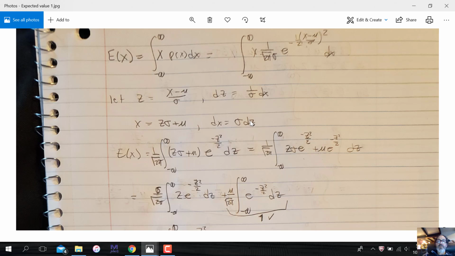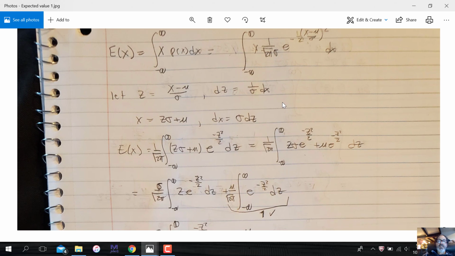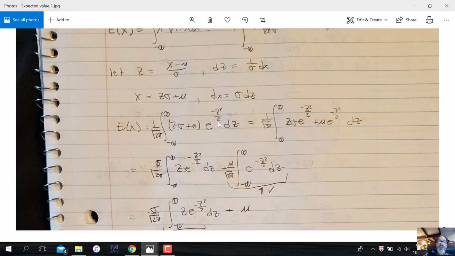This is going to be important because when we do the substitution, we're going to be able to get rid of this sigma here. We're going to have sigma dz, so that those two sigmas will cancel out, and that's exactly what happens here. When I substitute, instead of x, we'll have z sigma plus mu times e to the minus z squared over 2. That sigma here cancels out with the sigma that was here, so we just get dz.